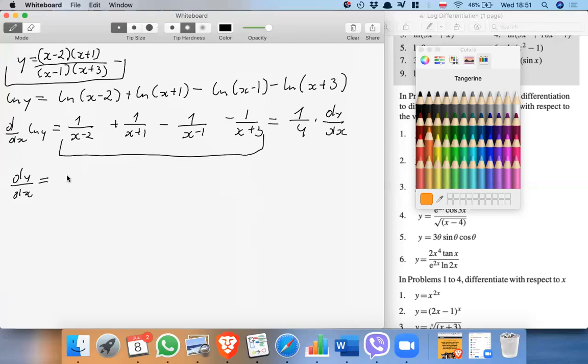So that is, again, (x minus 2)(x plus 1) over (x minus 1)(x plus 3), multiplied by 1 over x minus 2, plus 1 over x plus 1, minus 1 over x minus 1, and then minus 1 over x plus 3.